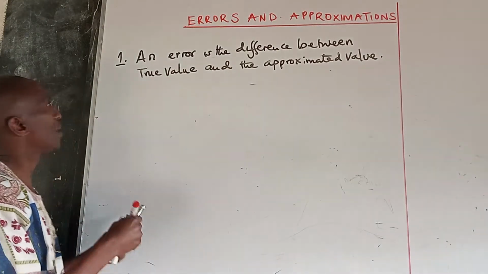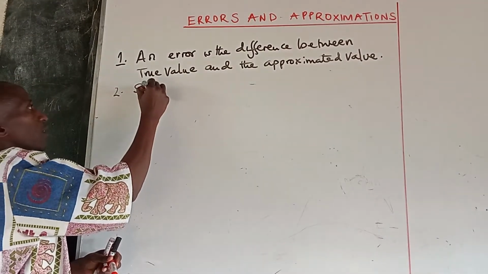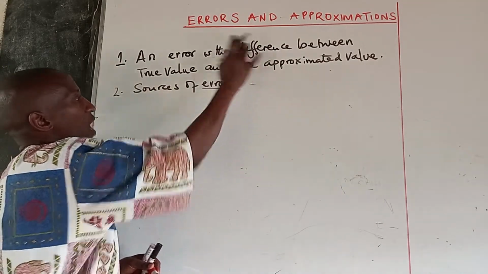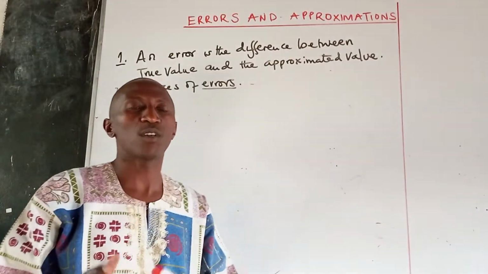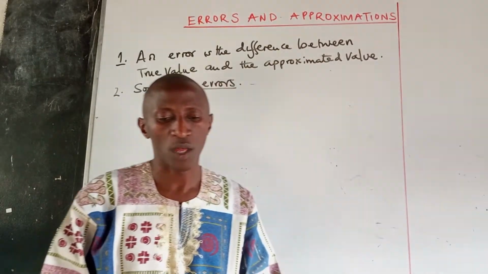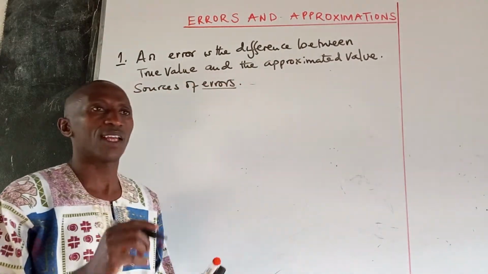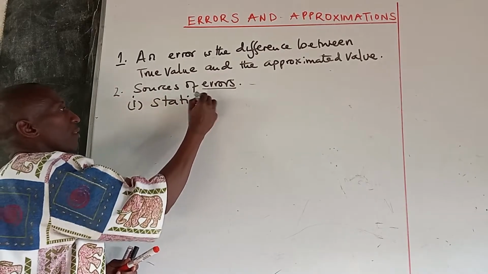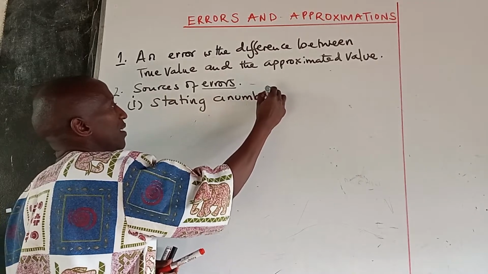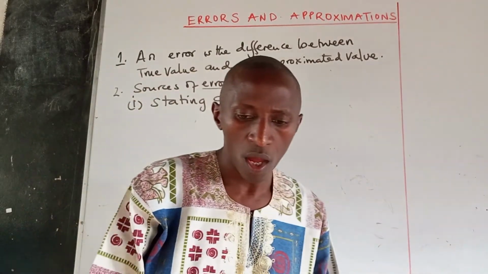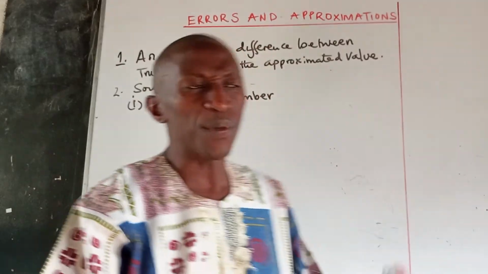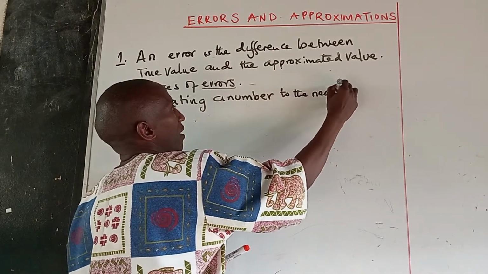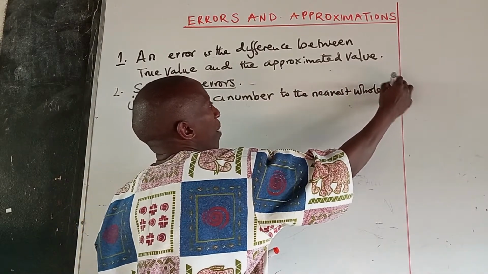With that, we look at number 2, sources of errors. When we get the so-called differences between approximated and the true value, number 1 is when we are stating a number to the nearest whole number.